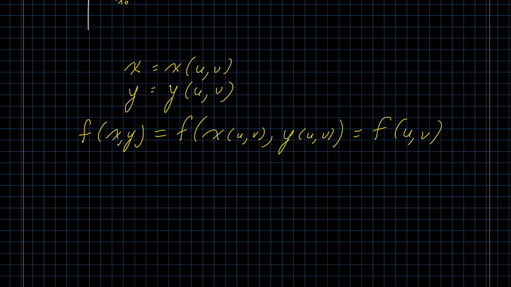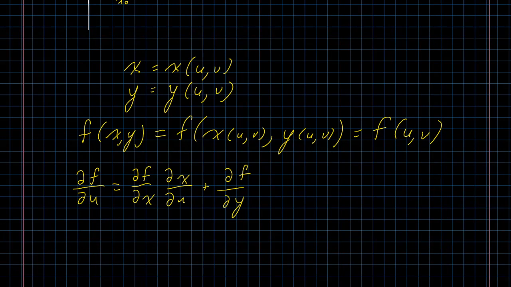I'm not going to go through and prove it because the math looks so incredibly similar, but I claim that the partial derivative of f with respect to u can be calculated by taking the partial derivative of f with respect to x and multiplying that times the partial derivative of x with respect to u, and adding to that the partial derivative of f with respect to y times the partial derivative of y with respect to u.